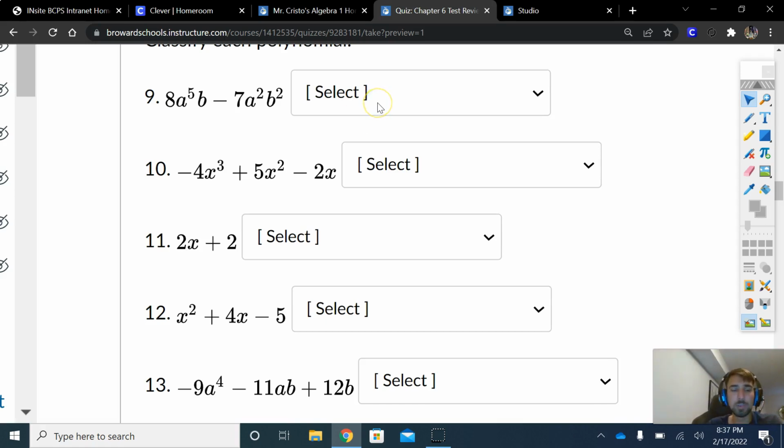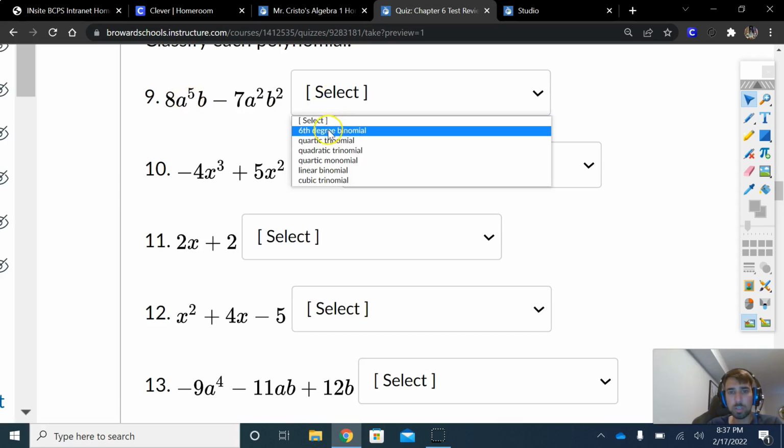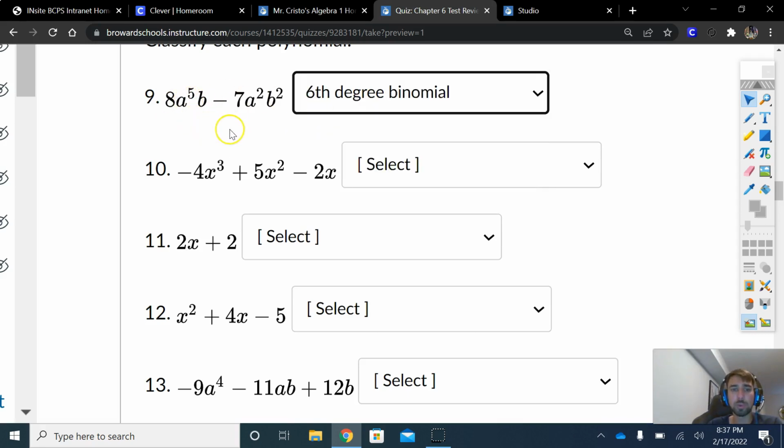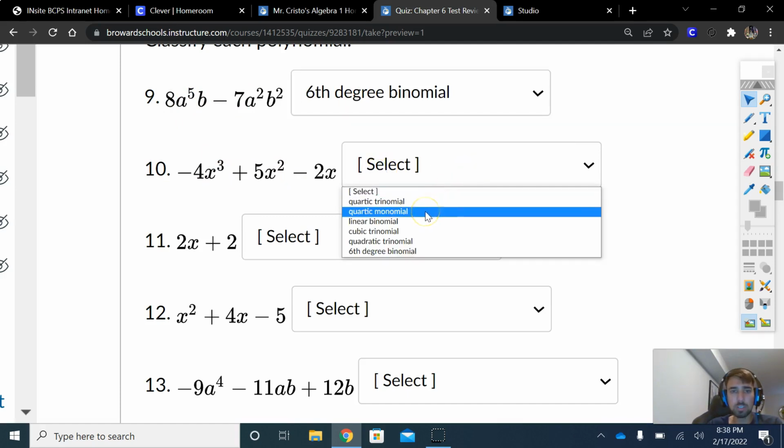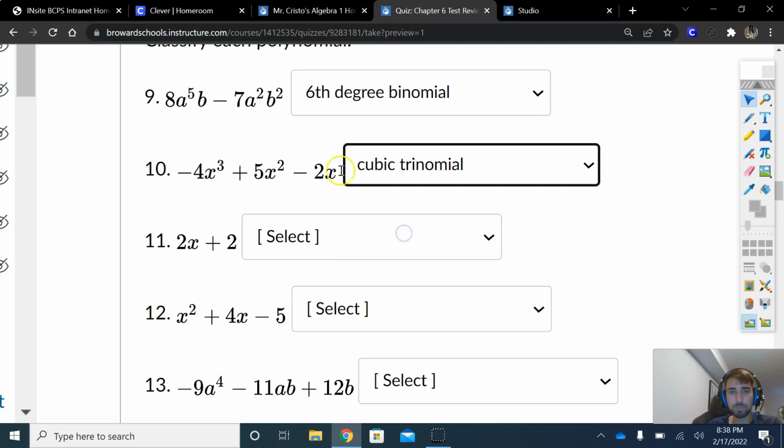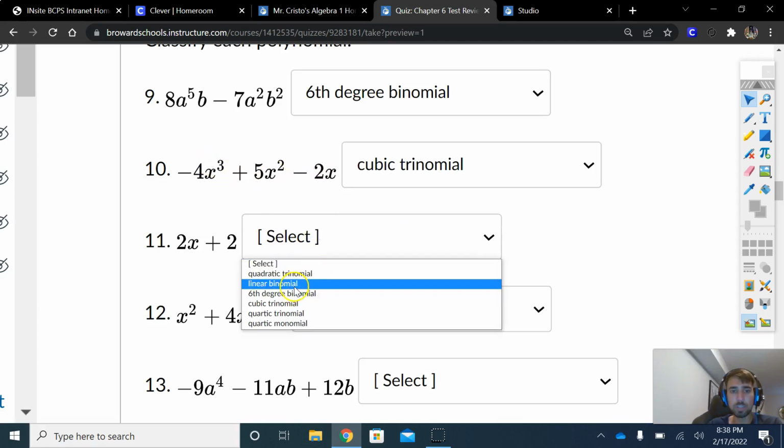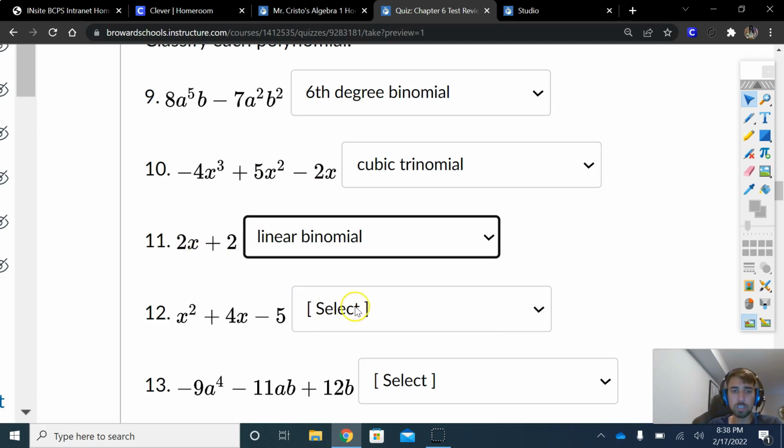Anyways, this degree right here is going to be to the 6th power because this one is a 5 and a 1. This is the highest degree, the highest monomial, so that'll be a 6th degree. It's 2 terms, binomial. This one has 3 terms. Highest degree is a 3, so it's cubic, and 3 terms would be a trinomial. 2 terms is a binomial, and it's going to be linear because it's to the 1 degree.